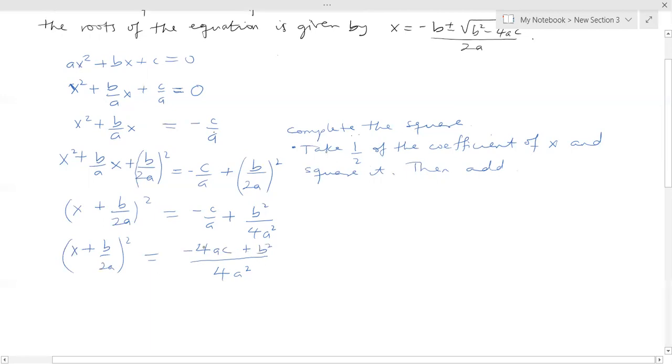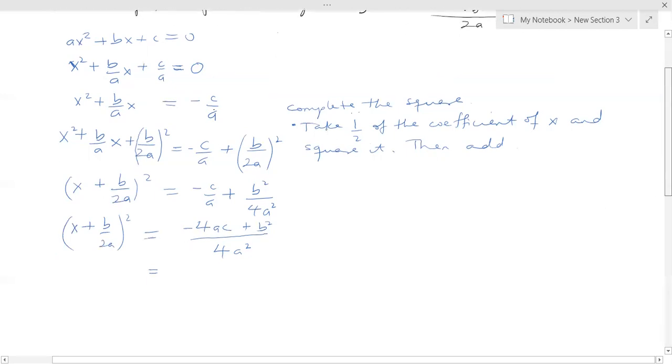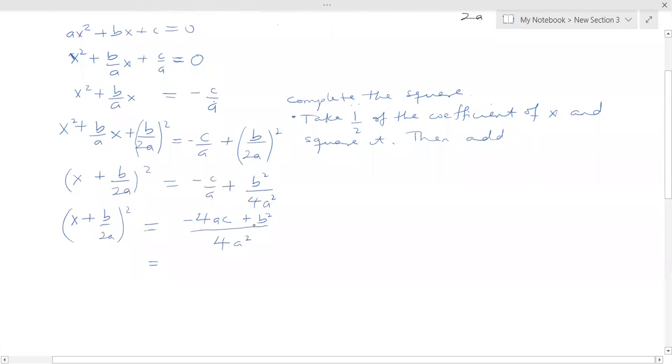Now let's just switch the position of b squared and negative 4ac so that we can see it coming out well in the final answer. I'm going to apply the commutative property of addition here. So I can write b squared minus 4ac over 4a squared. They're the same. I just switch the positions. Great. So can you see the formula coming out gradually?